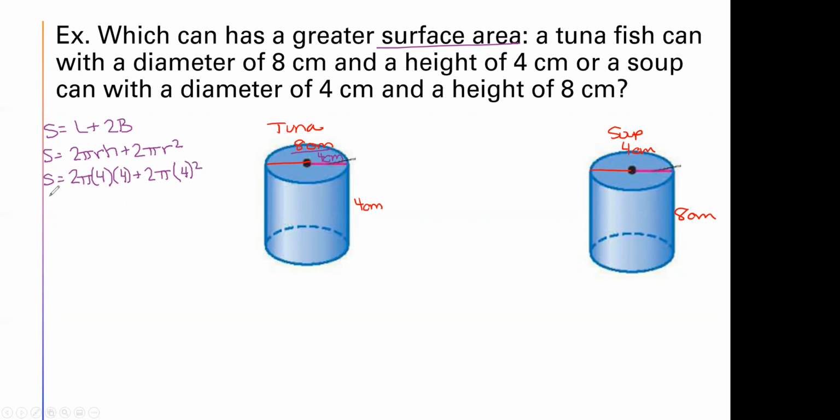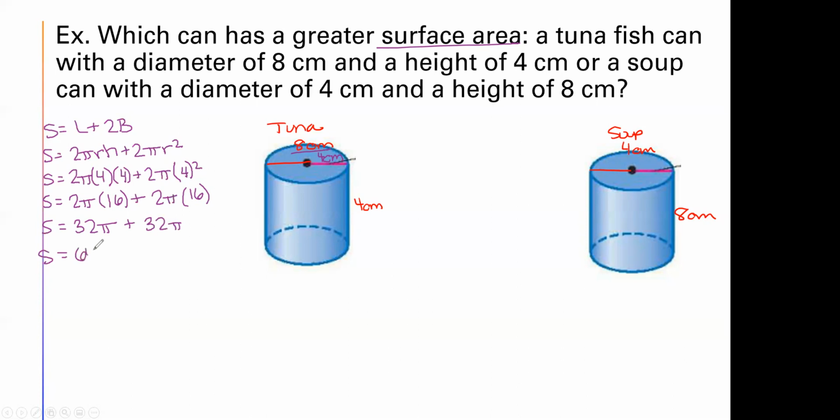Okay, so then I'm going to simplify. I'm going to multiply the 4 times the 4. That's 16. And then 2 pi, 4 squared is 4 times 4, which is 16. And then I've got 2 times 16, which is 32, times pi, and 2 times 16 again is 32 pi.